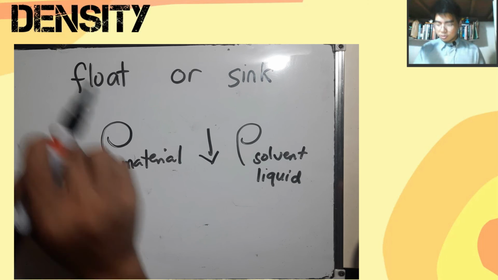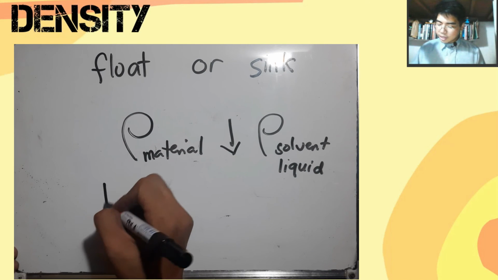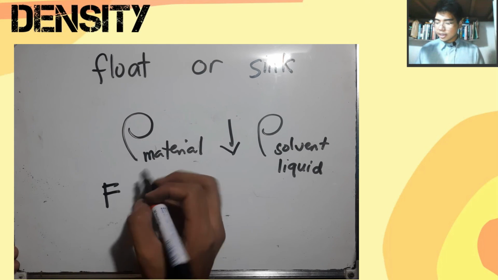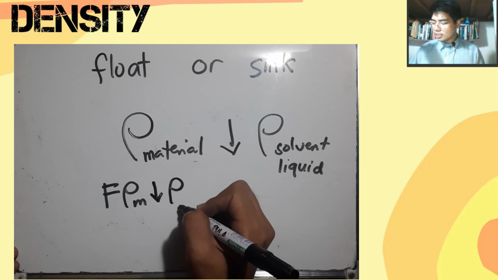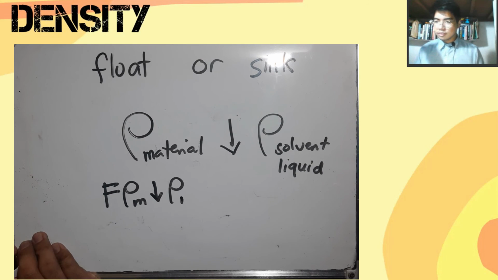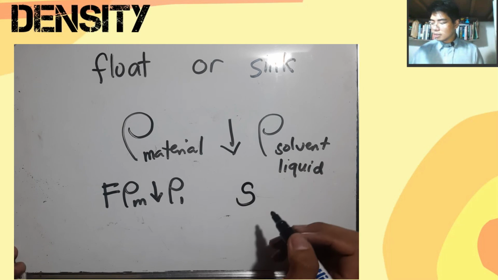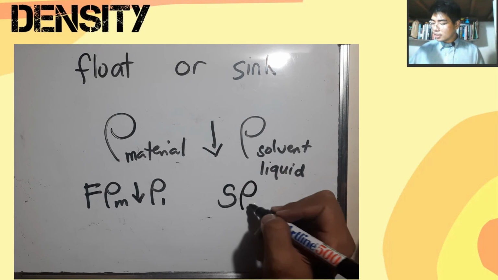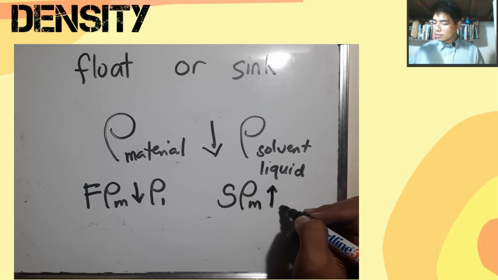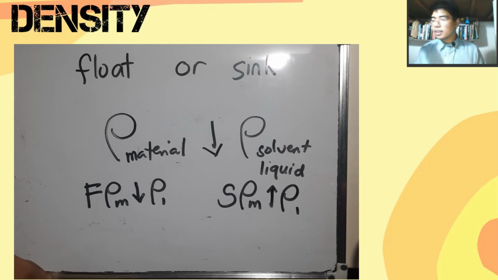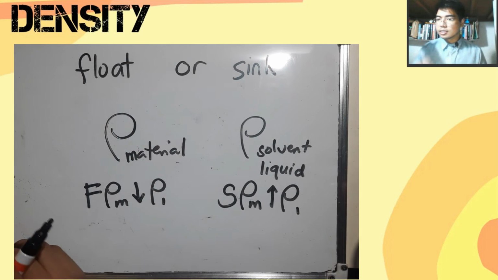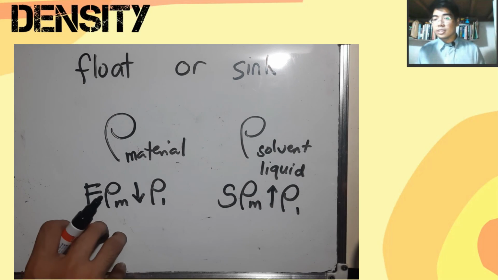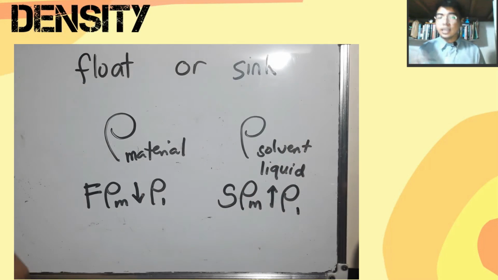So it will float if the density of the material is lower than the density of the liquid, while the material will sink if the density of the material is higher than the density of the liquid. This is the relationship of the concept of floating and sinking when it comes to density.